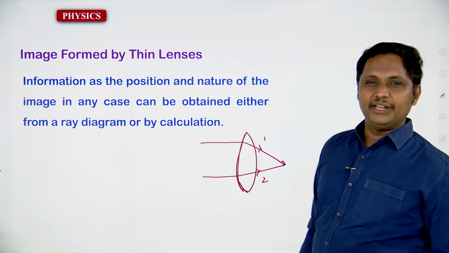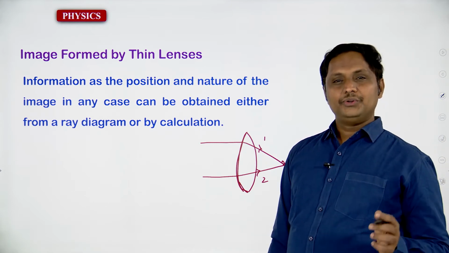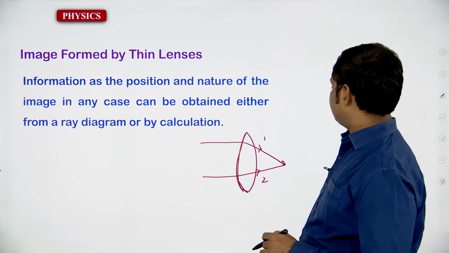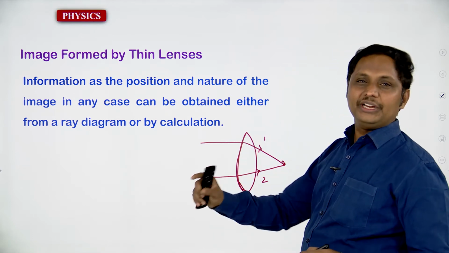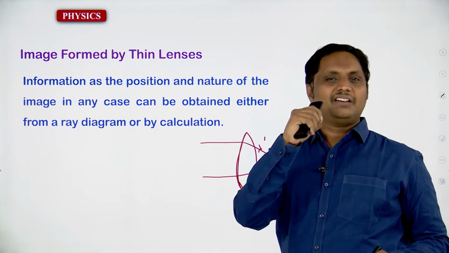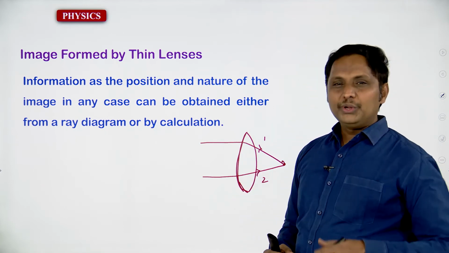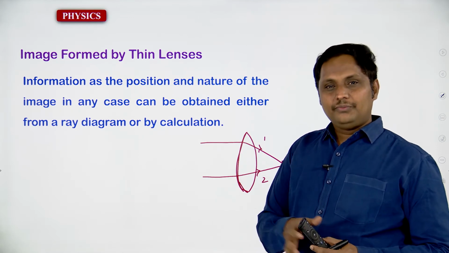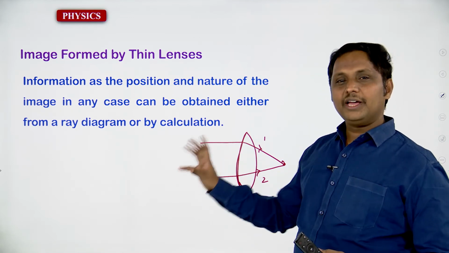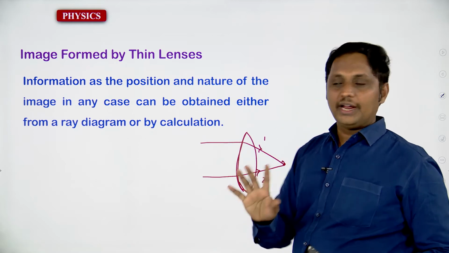If you take this, it is easy for you. Two rays minimum: you have to track the image with the help of the intersecting point of the two refracted light rays. In actual practice, we may show many light rays being refracted, but we are going to keep it simple with two light rays. Very clear.